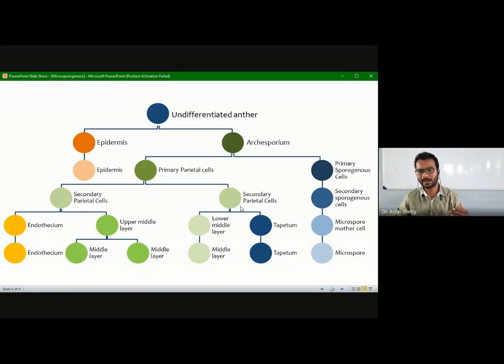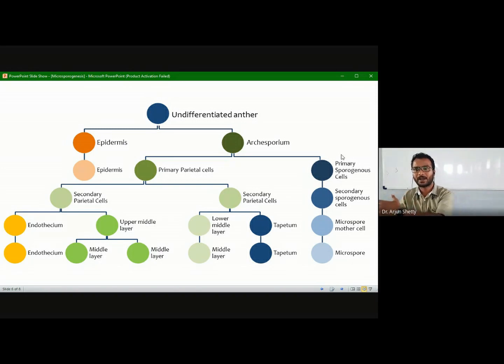And in some other clump of secondary parietal cells, we see the innermost middle lamella. If it is three layered, the third, lower middle lamella is formed by a different group of secondary parietal cells, whereas the innermost layer, the tapetum, is also formed by the primary as well as the consecutively formed secondary parietal cells.